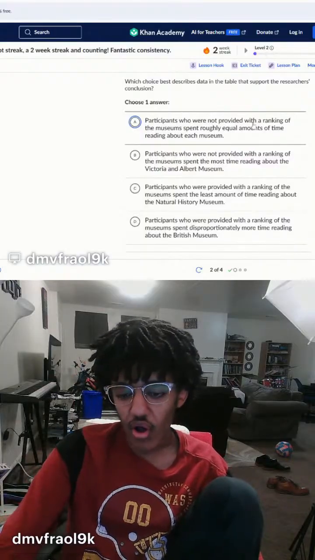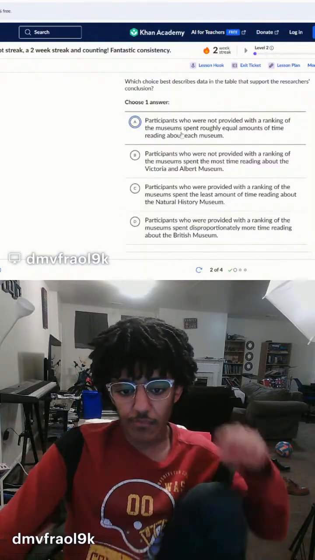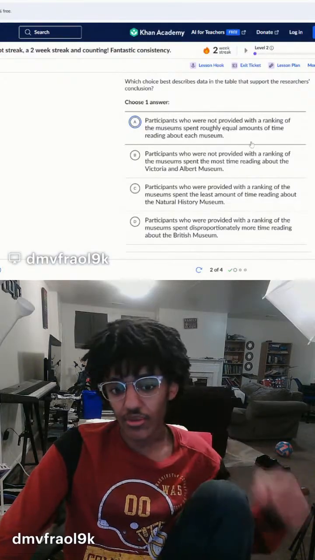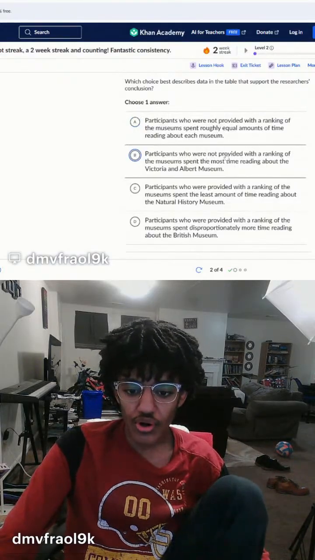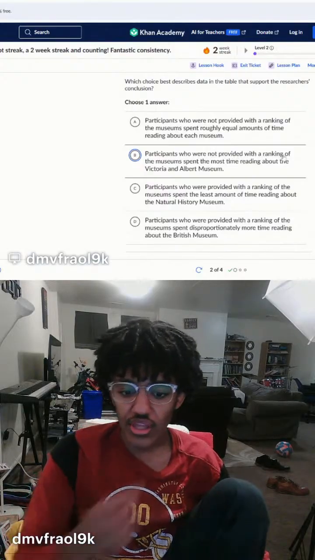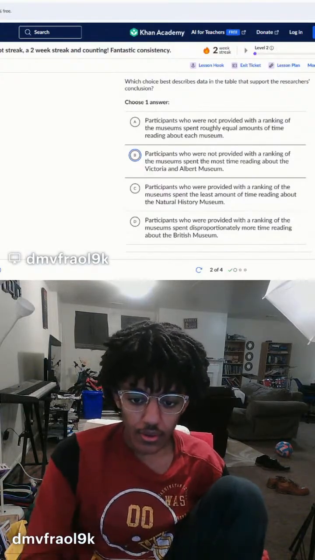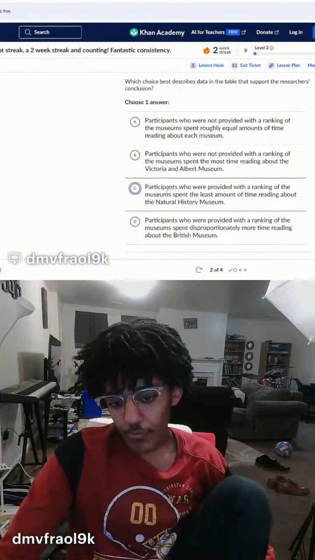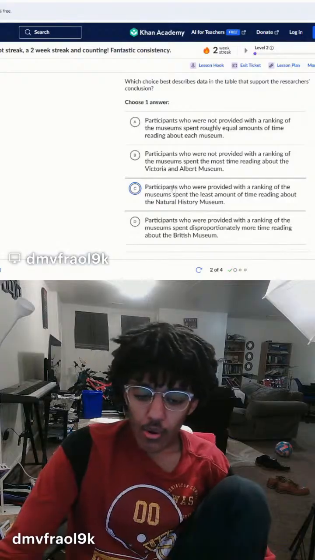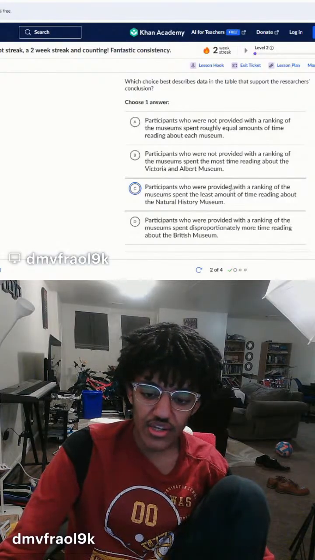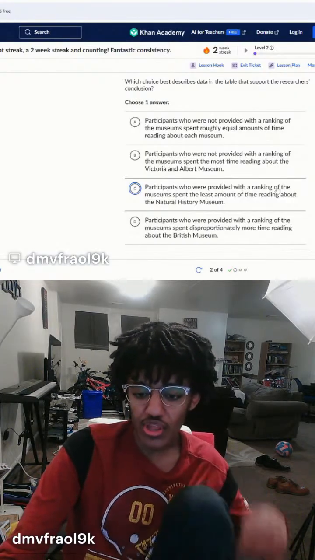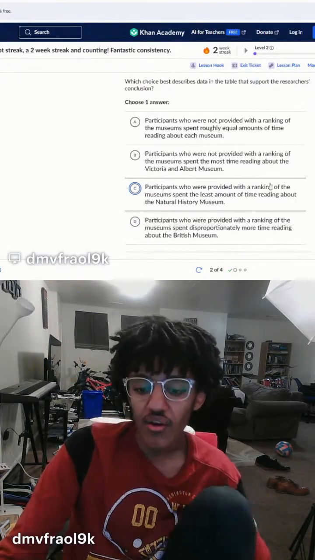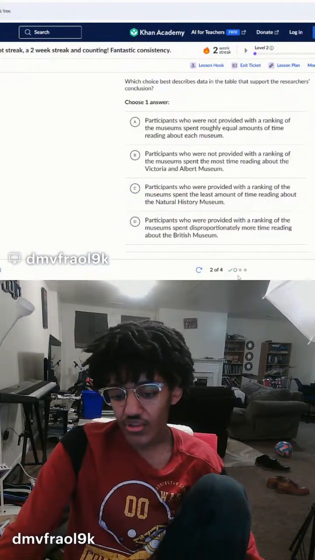Participants who were not provided with a ranking of the museums spent roughly equal amounts of time reading about each museum. Participants who were provided with a ranking of the museums spent the least amount of time reading about the Natural History Museum.